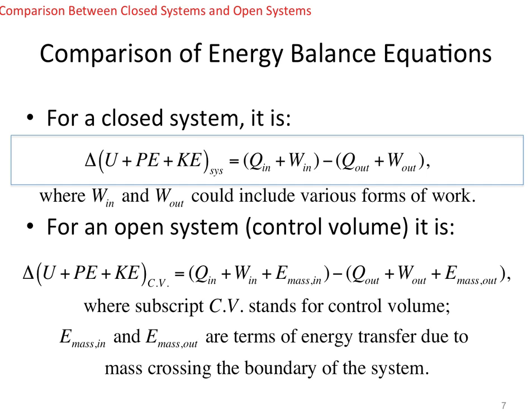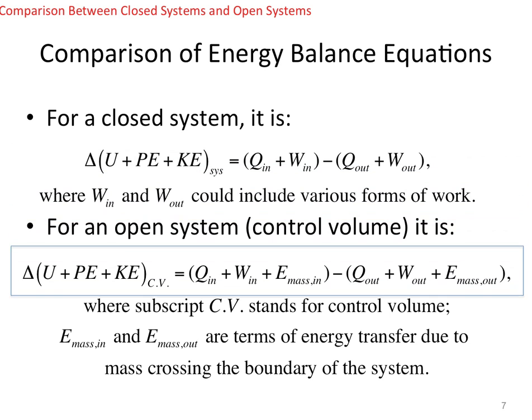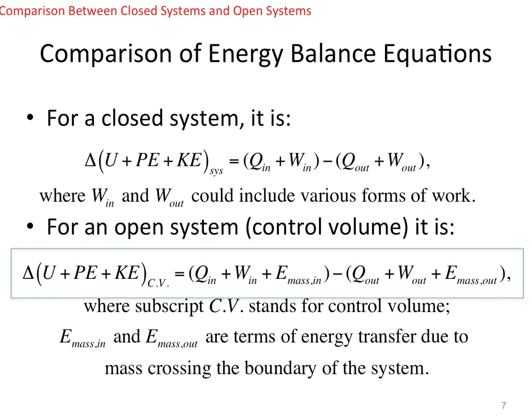Okay, for an open system, it is still the energy change of the system. Now the box moved to this equation for the control volume. The energy change of the control volume, still internal energy, potential energy, and kinetic energy combined, is equal to these two terms in parentheses, Q in, W in plus E mass in, minus Q out, W out, and E mass out.